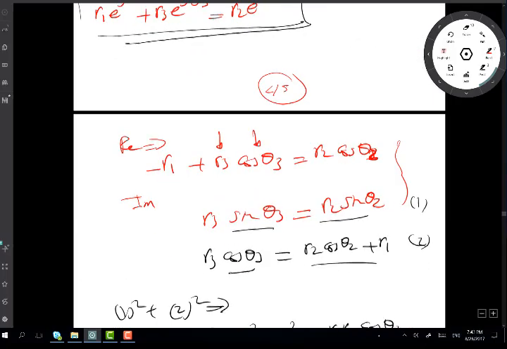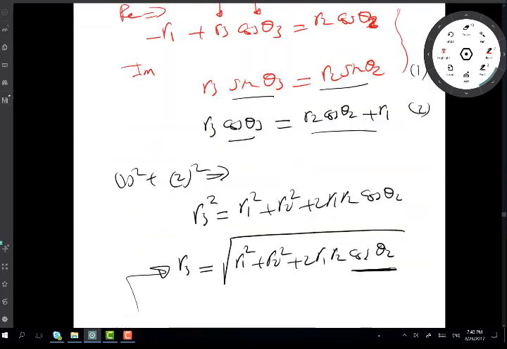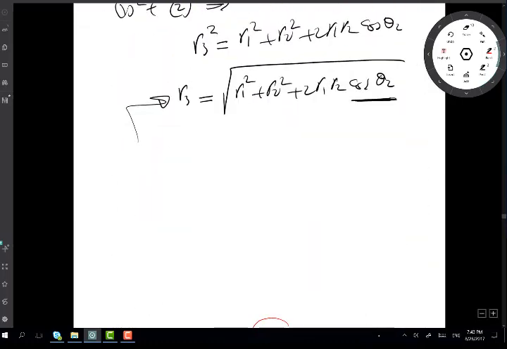I'll write the loop closure equation again: R1 e^{jπ} plus R3 e^{jθ3} is equal to R2 e^{jθ2}.